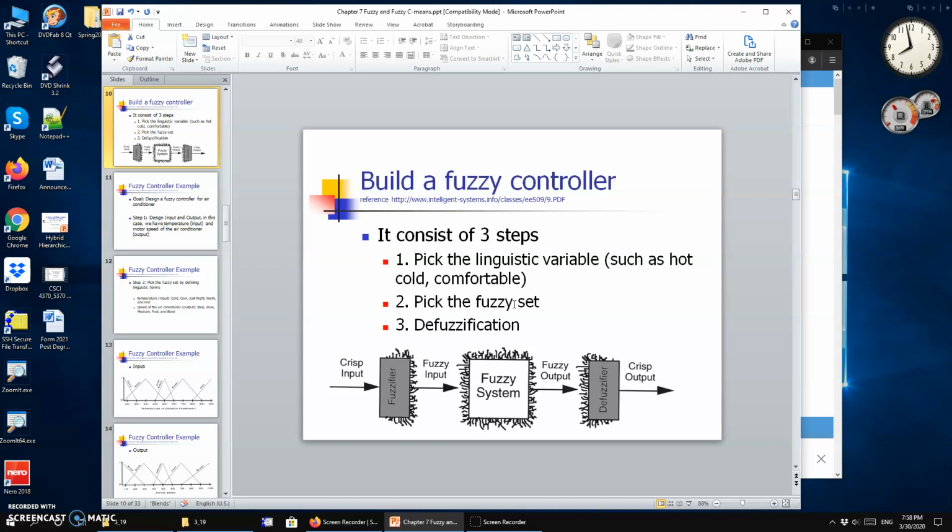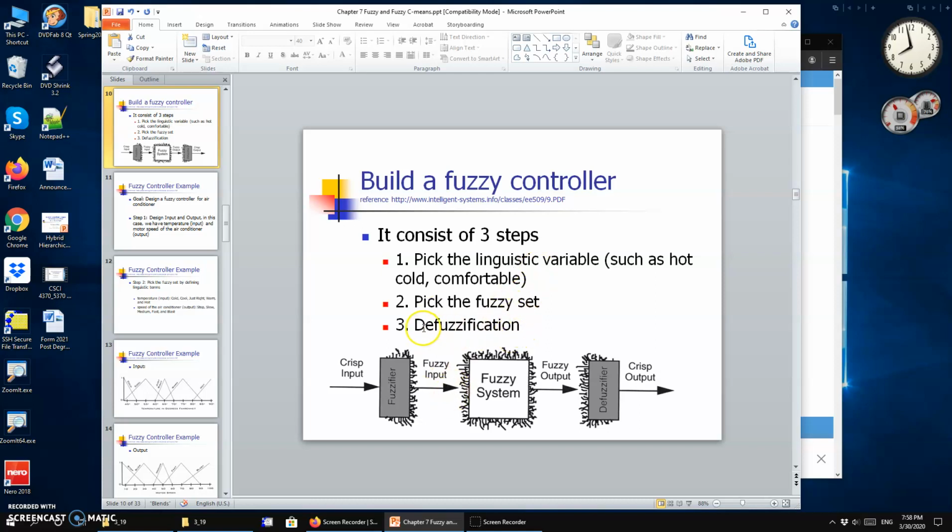If it's hot or extremely hot, then you want it to run at full speed. By this idea, the hot and comfortable are the linguistic variables, which are considered our input, and then we try to map that to the output, the targets that we are looking at.